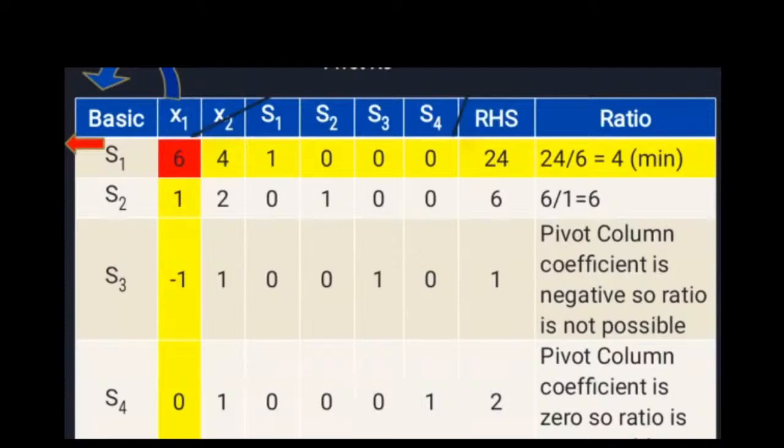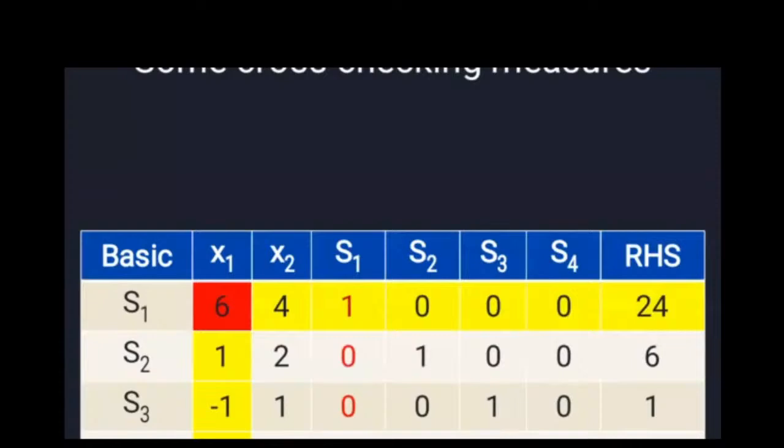Step 6 is that in which we select the entering variable. The pivot column intersects the non-basic variables, and x1 would be our entering variable. At step 7 we have to find the leaving variable, and s1 would be our leaving variable.